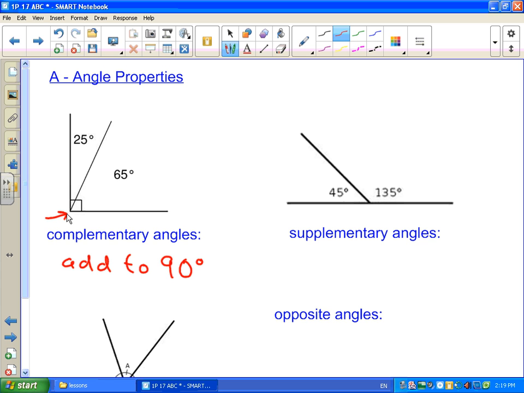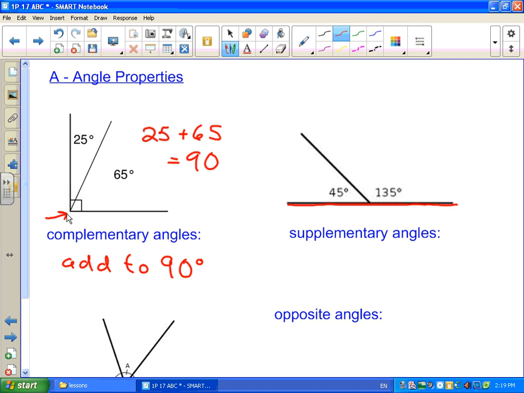And we can verify that. If we just do 25 plus 65, we get 90. Okay? So 2 angles that go together to make a right angle, a little square in the corner, are called complementary. They add up to 90 degrees. Over here, we have 2 angles that go together to form a straight line. These are called supplementary angles.